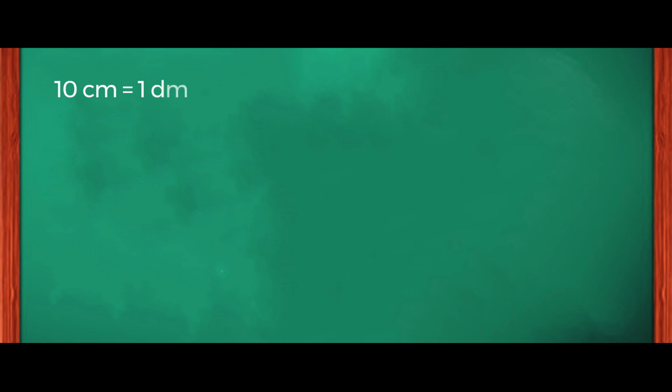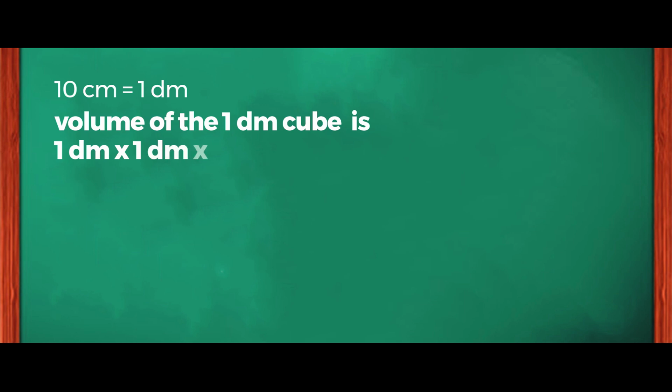Now, let's take the same structure, same shape, but let's take different units. This time, let's look at decimeter. As we have discussed in one of the lessons, 10 centimeter is equal to 1 decimeter. So, the volume of 1 decimeter cube is 1 decimeter cube.